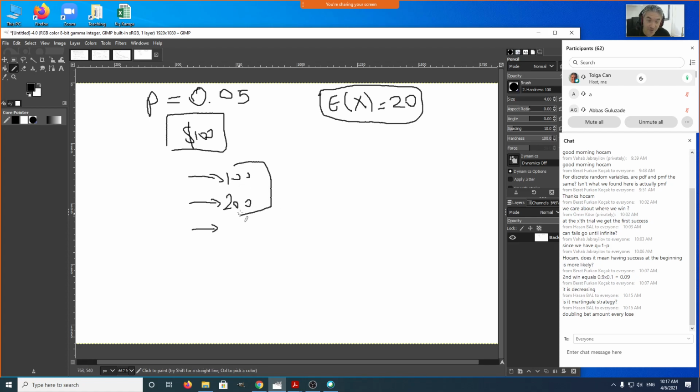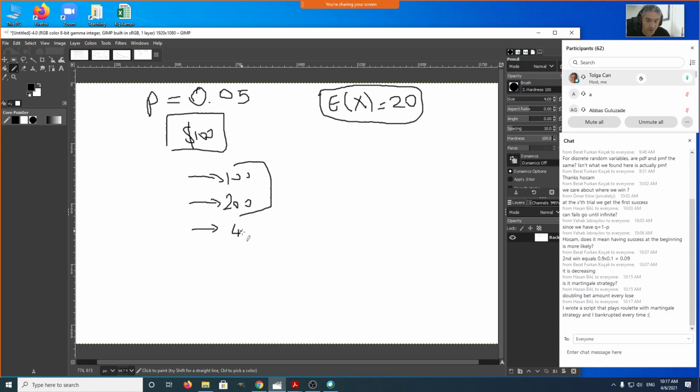We lost 300 up to now, so it's going to be 400. Every time you're betting, whatever you lost so far, you add 100 and bet that amount. And here you are going to be betting $1,600, $3,200. So you see how this is increasing exponentially.